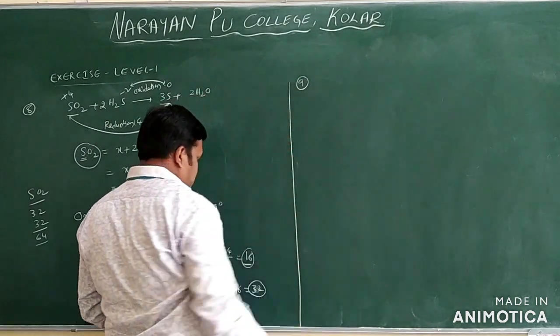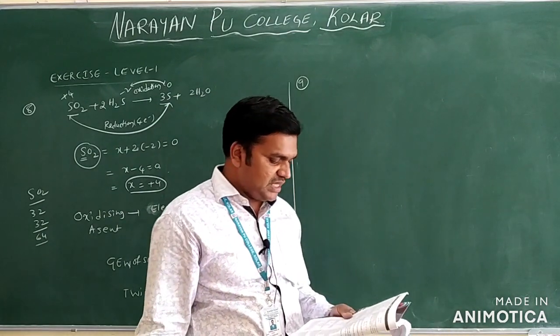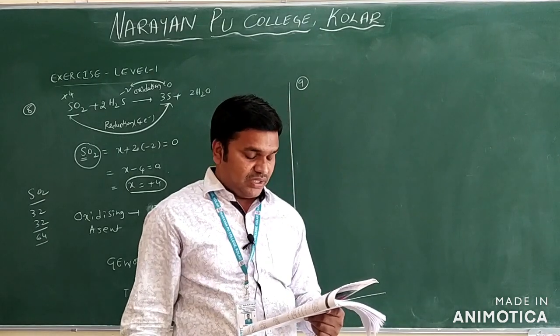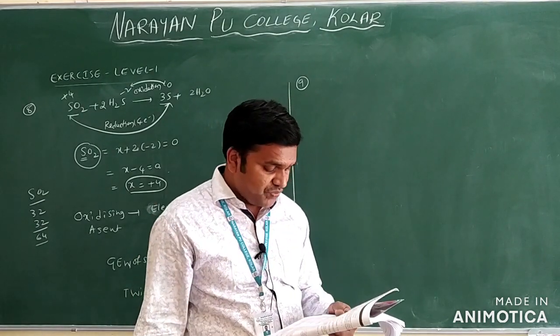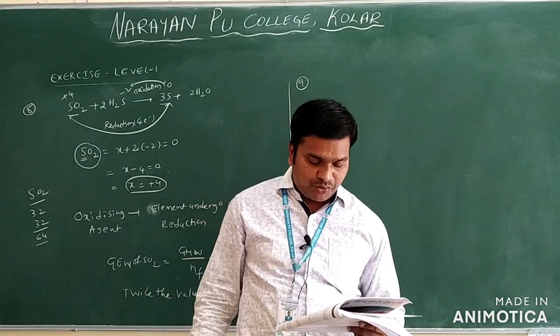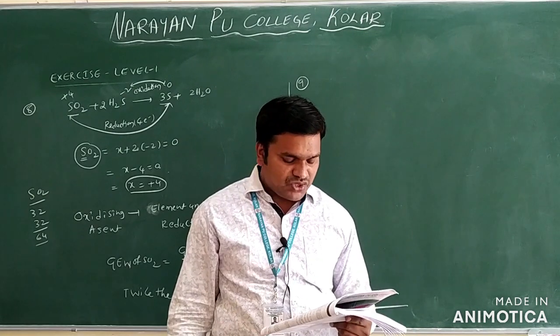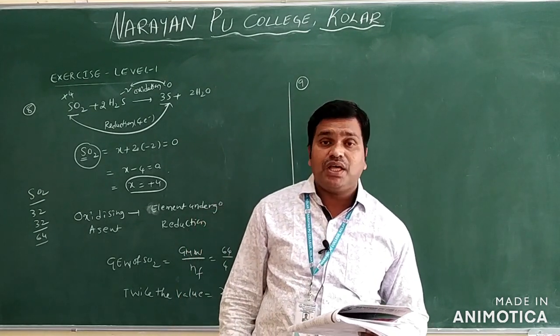Now we can see the next question, question number 9. A sample of calcium carbonate has the following percentages: calcium 40%, carbon 12%, oxygen 48%. If the law of constant proportion is true, then what is the weight of calcium in 4 grams of a sample of calcium carbonate obtained from another source?